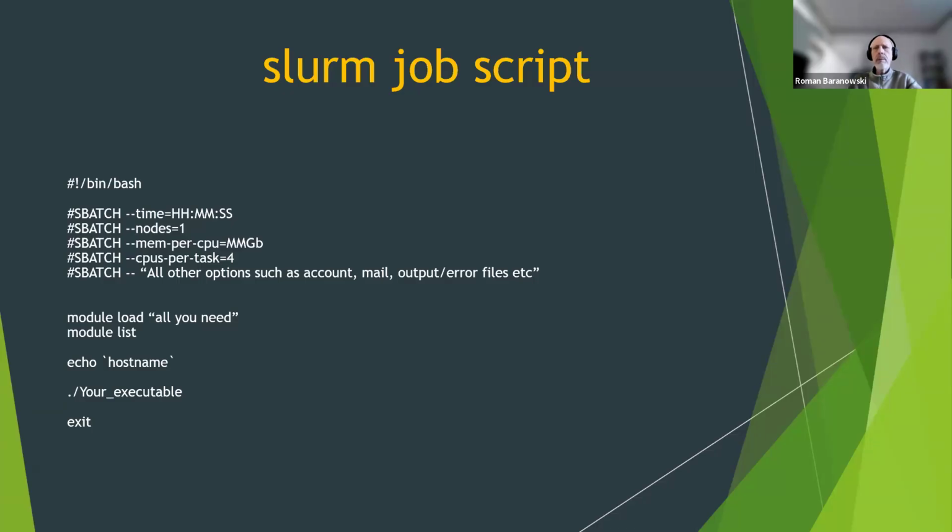Here I am asking on which node my job will be running. And then I am starting my computation, specifying some other options if necessary, like input and output redirections, etc. And then I basically exit when computations are done. Okay, and that's how your typical Slurm job should look.